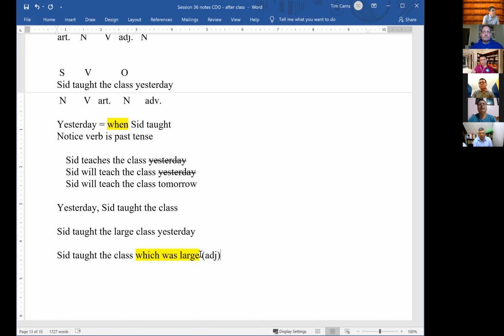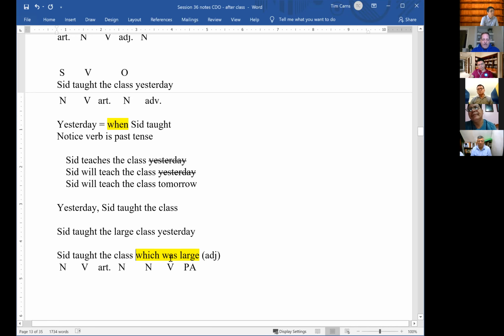If we described each part, we would say Sid is a noun, taught is the verb, the is an article, class is a noun, which is a pronoun, was is a verb, and large is a predicate adjective. But when we look at phrases and clauses later, this whole clause is functioning like an adjective modifying "class." It's taken as a collection of words together.